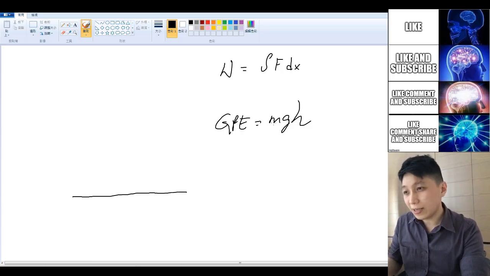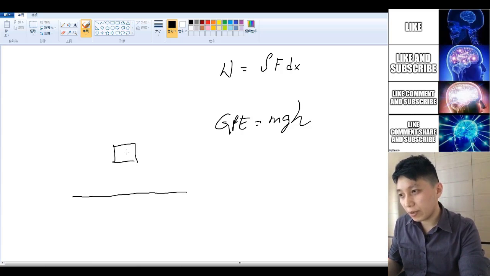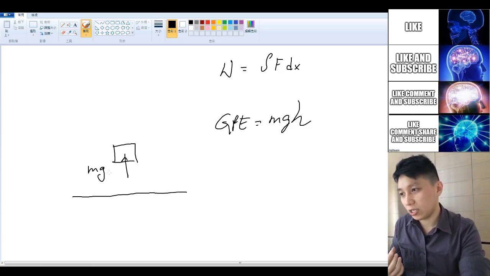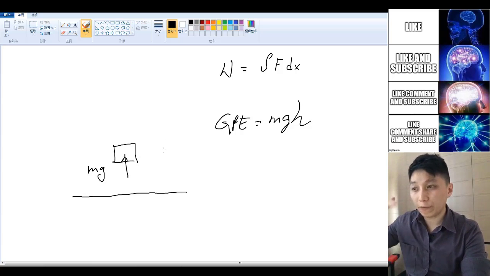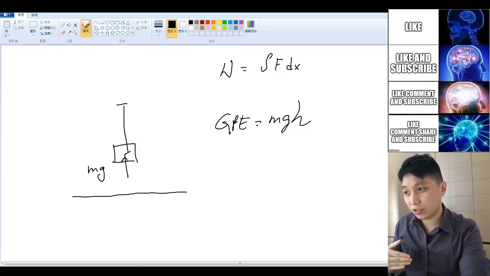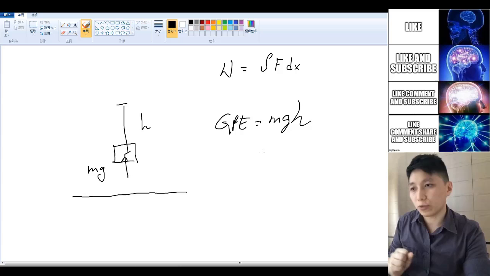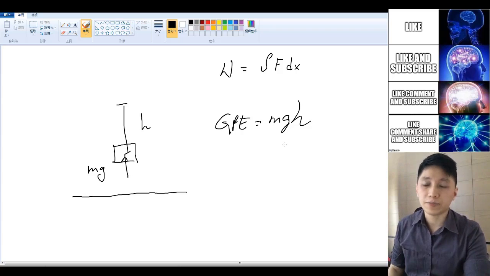And that is why when you try to lift up an object with a certain mass, m, and because when you lift it up, you are against its weight, mg, right? And so going through a distance h, and therefore the object would gain gravitational potential energy of mgh.